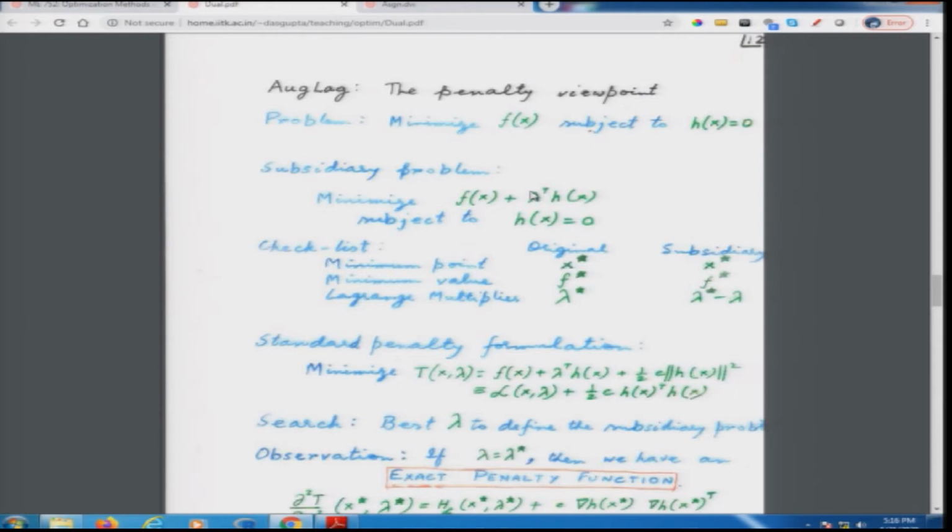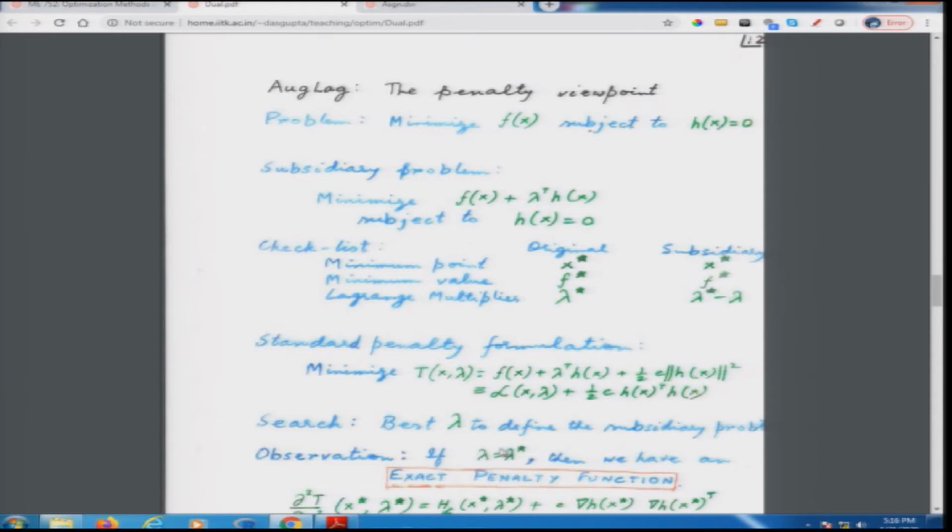We notice that if we could somehow get hold of the correct lambda star and define the subsidiary problem with it, then this penalty function would be an exact penalty function, in the sense that it would do its job even without C being indefinitely large.